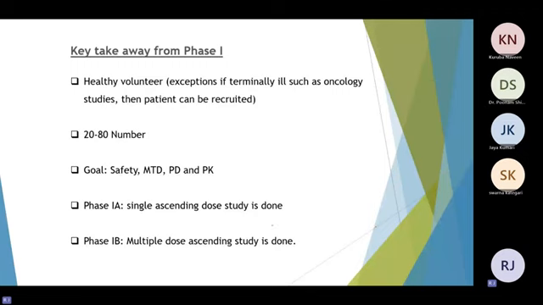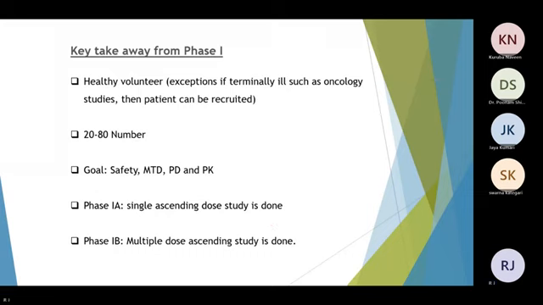But whenever somebody asks you which type of subjects are recruited in phase 1, you have to say healthy volunteers are recruited. But there are a few exceptions if the trial is being done on terminally ill subjects. For example, in oncology studies, instead of healthy volunteers, patients are recruited because drugs are generally cytotoxic.